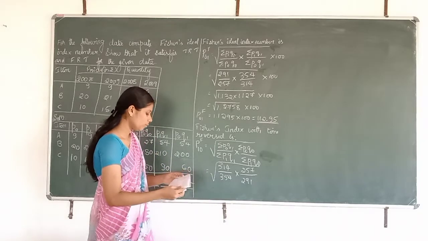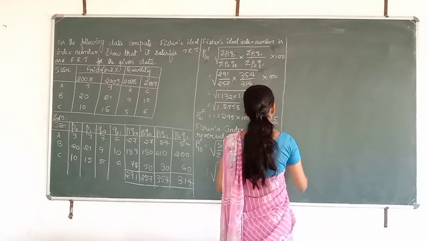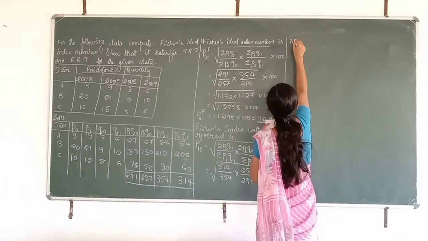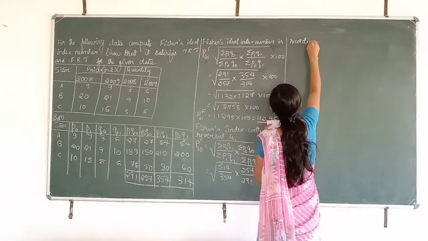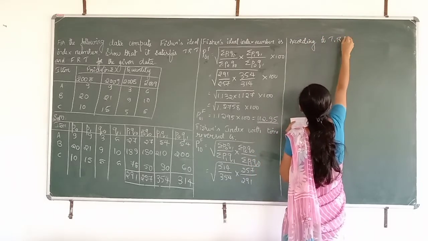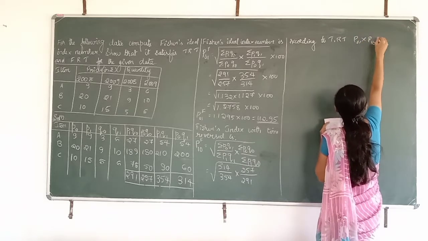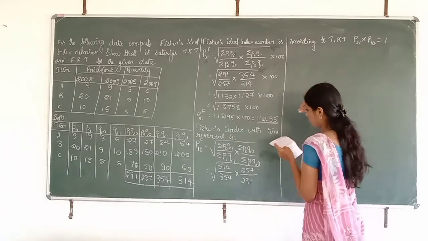Now we are going to write the condition of TRT. So what is the condition? According to TRT, P01 into P10 should be equal to 1.